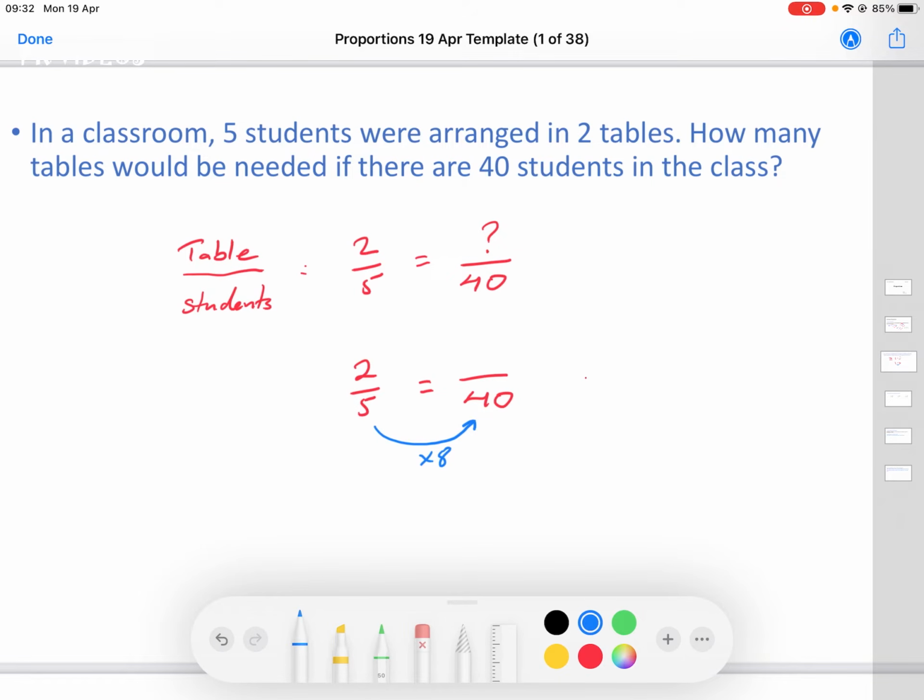If the denominator is multiplied by 8, then we multiply the numerator by 8 too. So if you multiply 2 by 8, then we get 16. That means the class would need 16 tables.